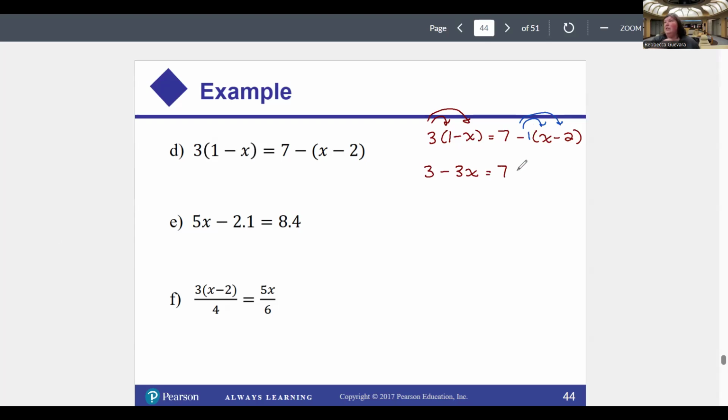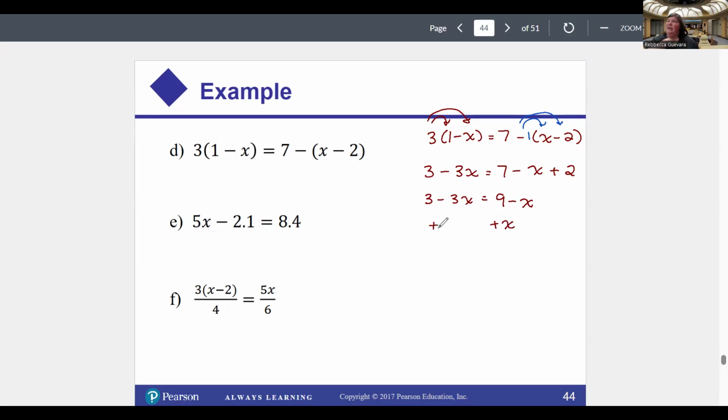So we get negative 1 times x, so negative x, and negative 1 times negative 2, positive 2. If we simplify a little further, 3 minus 3x equals, oops, not 7, 7 plus 2 is 9, minus x. Okay.